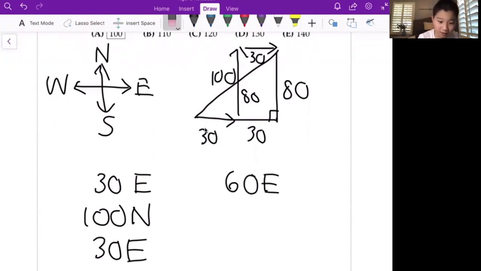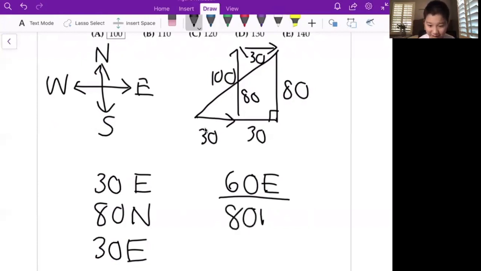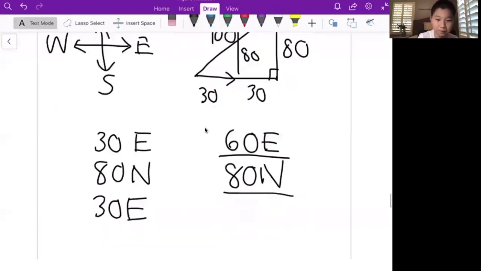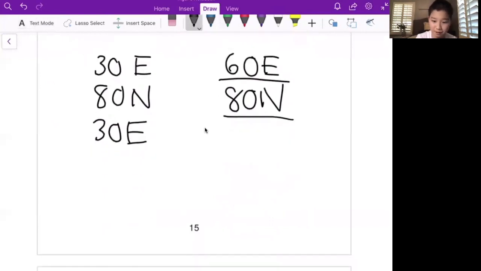No, this is not 100 north, this is 80 north. I was thinking too much of the answer. So the total displacement is 60 east, and the total northward displacement is 80 north. So that just is an easy calculation of Pythagorean theorem. 60 east, 80 north.